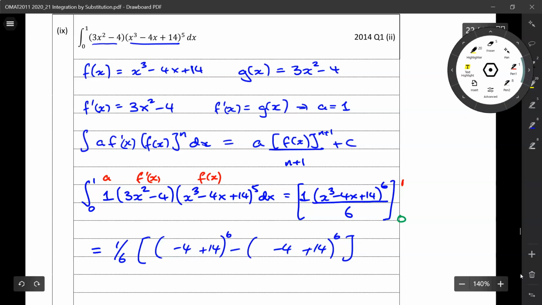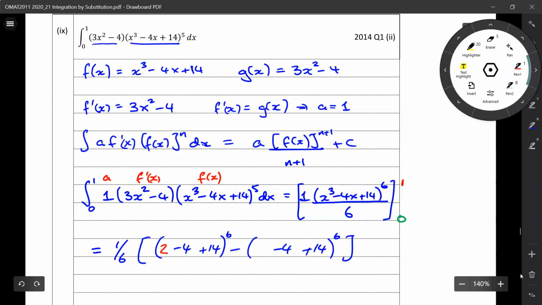And then I can fill in the upper and lower limits. So x cubed is 1, isn't it, in this case? It's 1 cubed as our upper limit, minus 4 times 1, plus 14, all to the power of 6. And that is minus, and then we can put our lower limit in on this side, so it's 1 cubed minus 4 times 1 plus 14 to the power of 6.